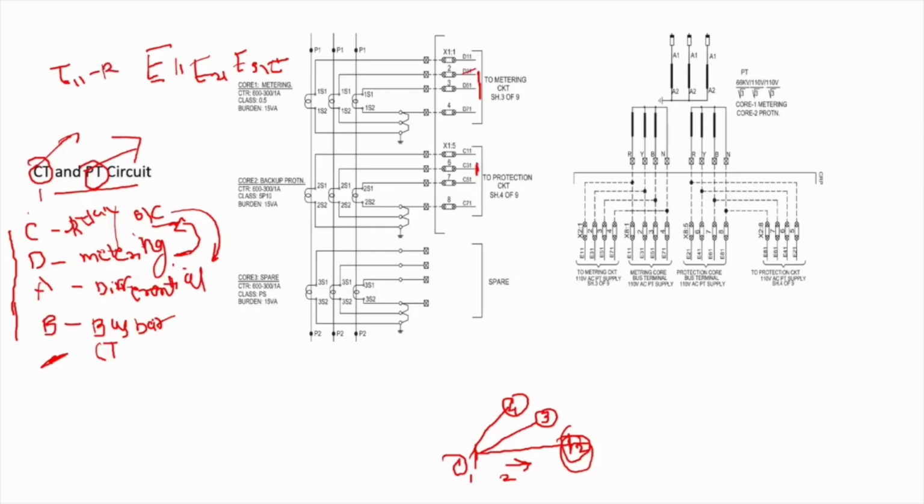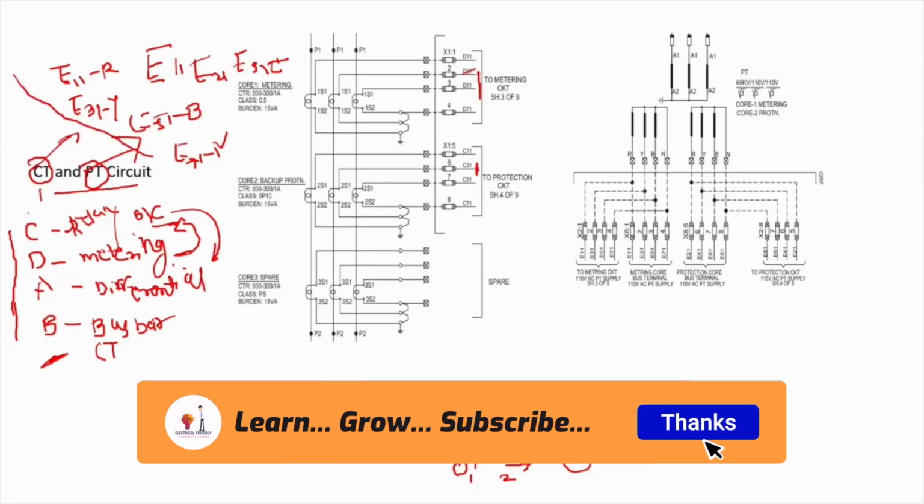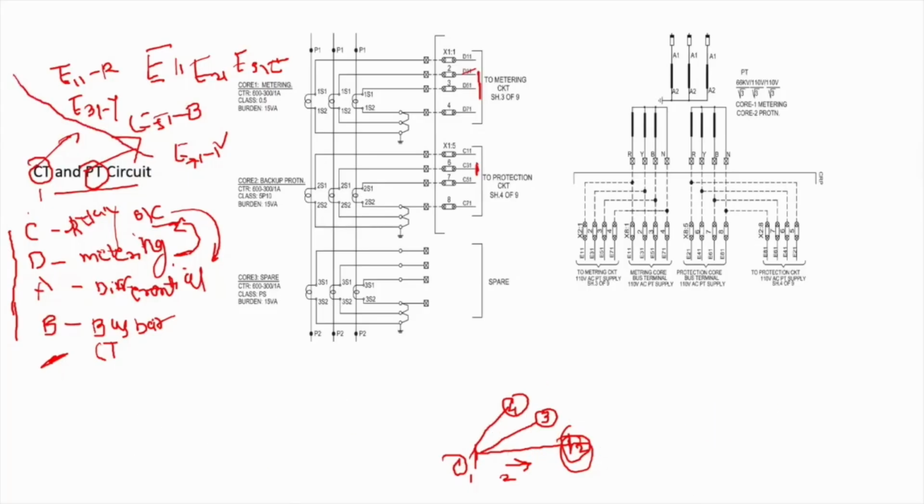E31 is to be understood as Y. E51 is to be understood as B phase. And E71 is to be understood as neutral. So PT also has R, Y, B and neutral inside it. So these 4 ferrules are its ferrules. It's for metering.